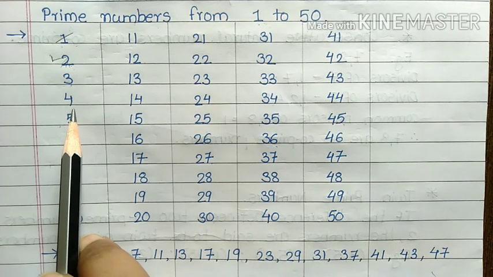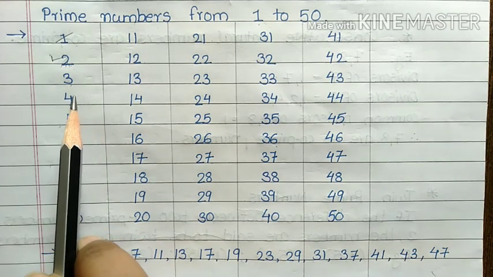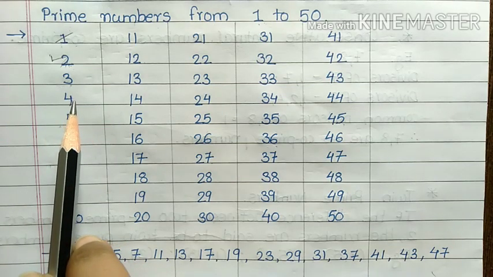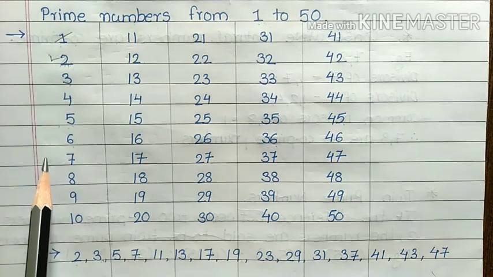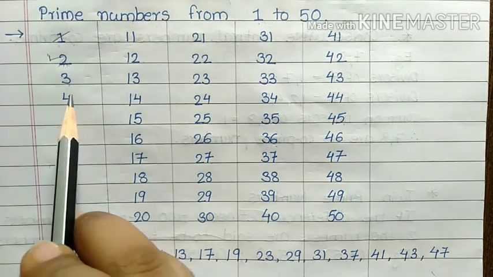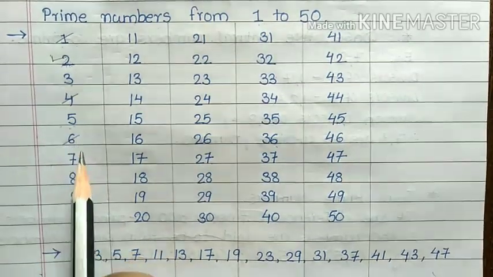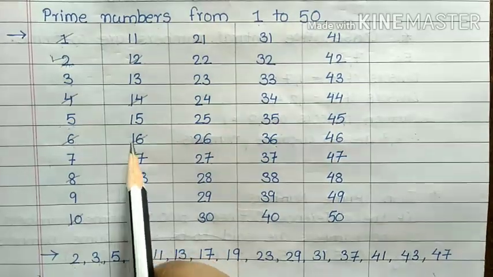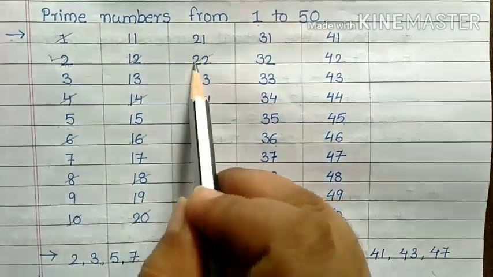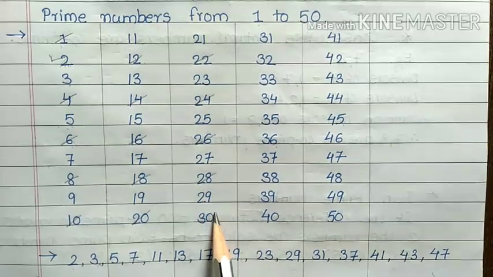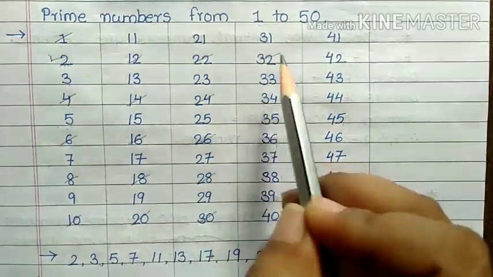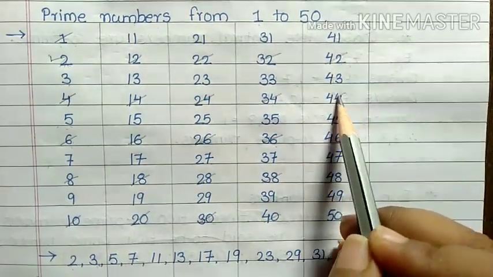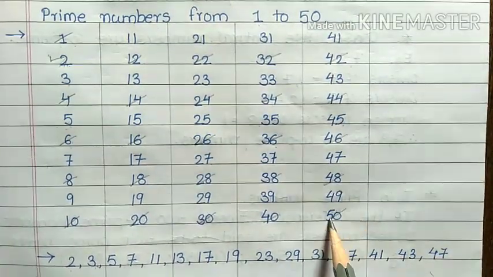Why do I want to cancel them? Because those numbers have the factors 1, that number itself, and 2. So they come under composite. So I have to cut every number which is divisible by 2. So I cut all those numbers: 34, 36, 38, 40, 42, 44, 46, 48, 50.